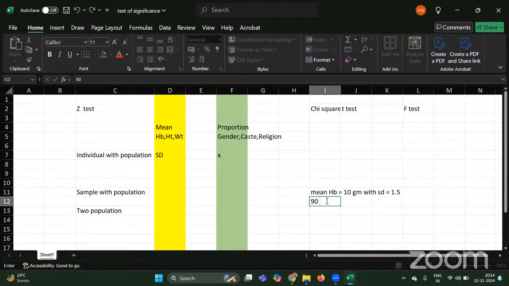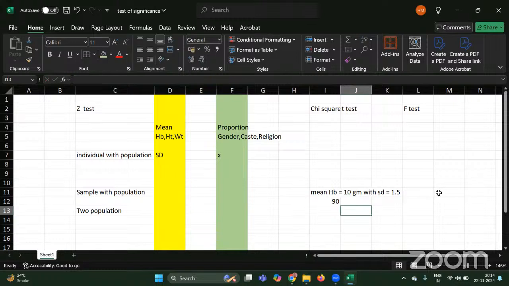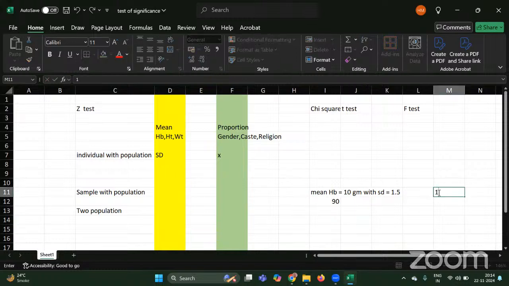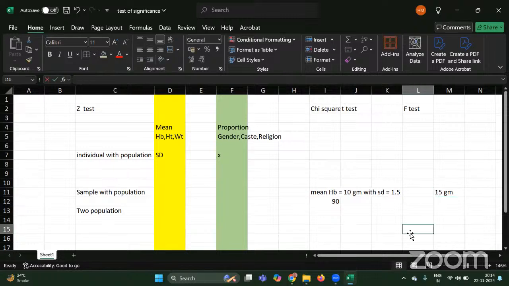In this case, if a person has 15 gram hemoglobin, the question is usually what is the likelihood that this person belongs to this group of 90 individuals whose mean hemoglobin level is 10 gram and standard deviation 1.5.